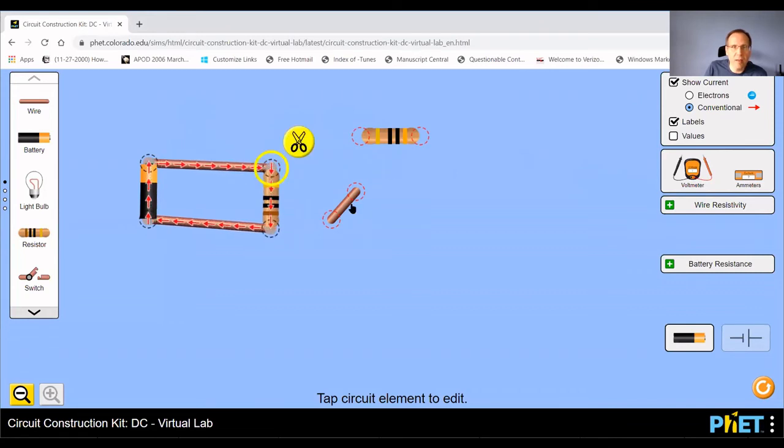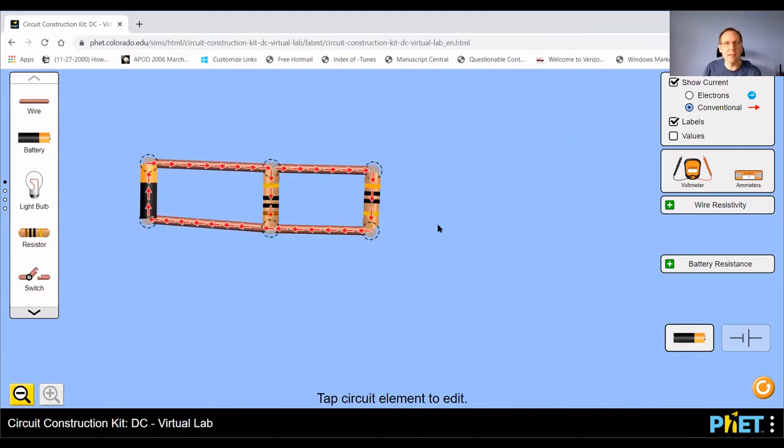Something like that. And then maybe one like this. That would be a parallel circuit.